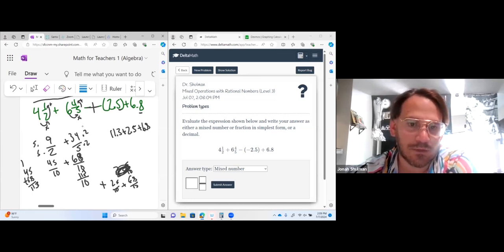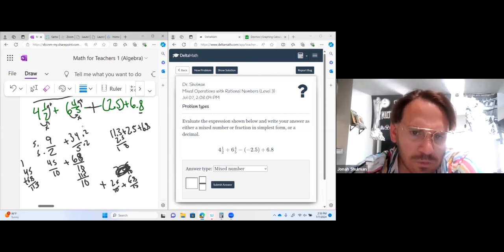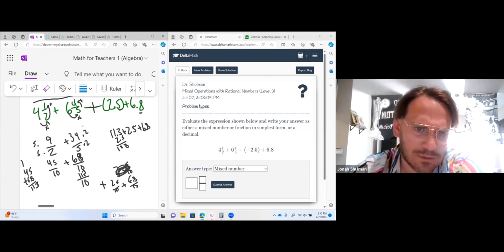Any way you're going to get the right answer. So I'll add the 2.5 first. So there's an 8. There's 13.8, right? That's 13.8 plus 6.8 is, well, 0.8 and 0.8 is 6, carry the 1. 3 and 6 is 9, plus 1 is 10.